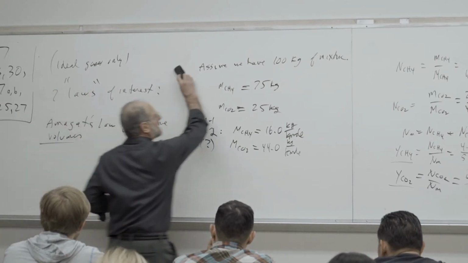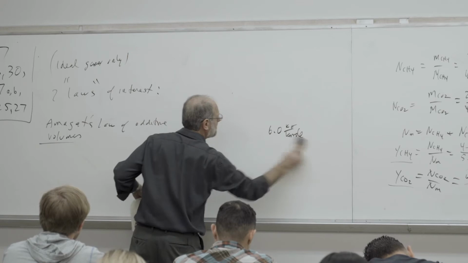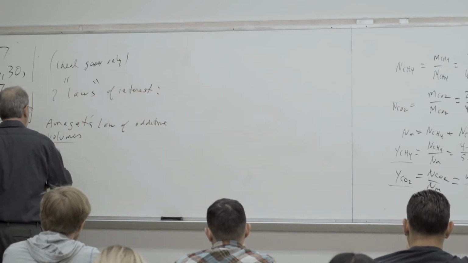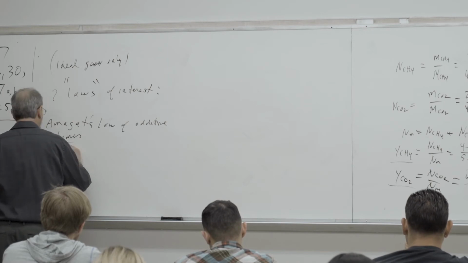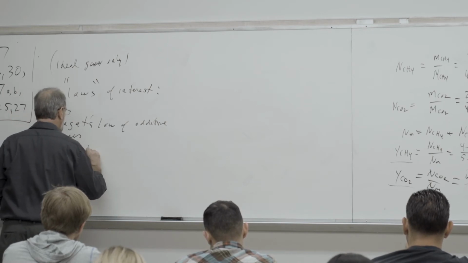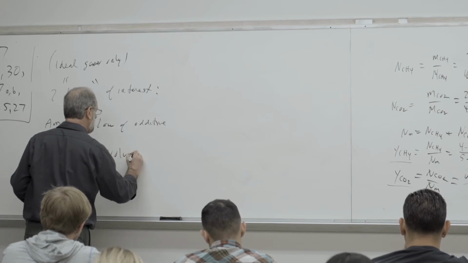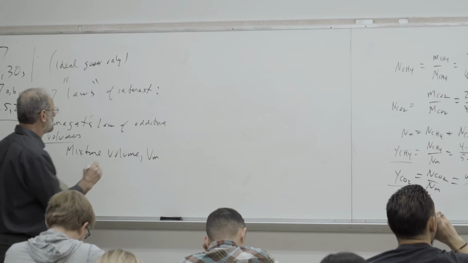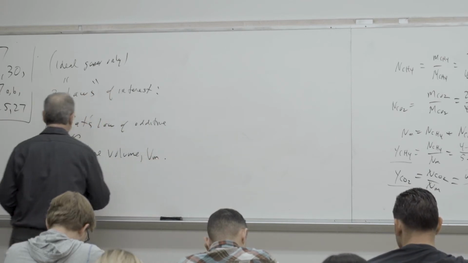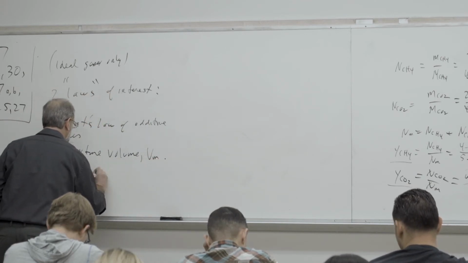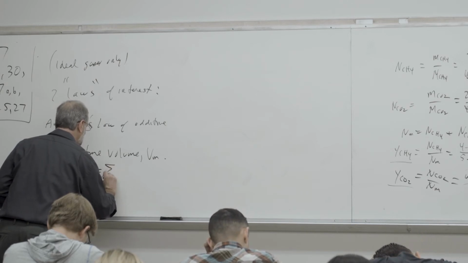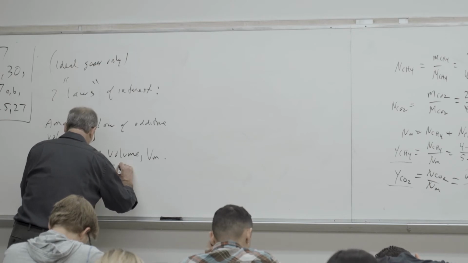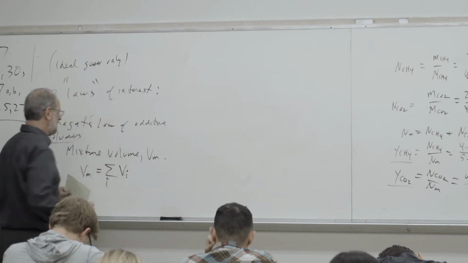So let me actually write that out. Hopefully it'll make more sense as it's written down. So we have a mixture volume that we call Vm. And what Amagat's law basically tells us is that the mixture volume is going to be the sum over all the components i of Vi.